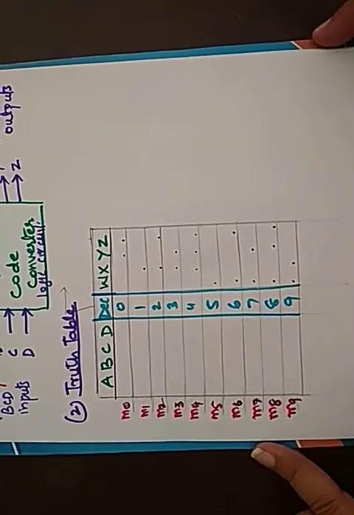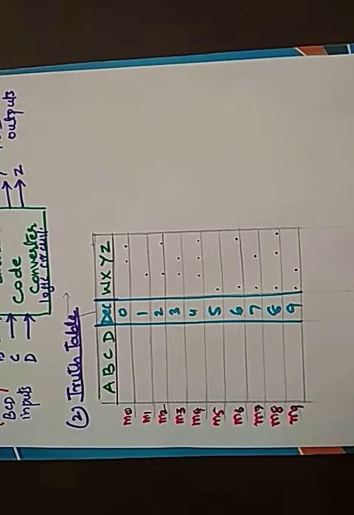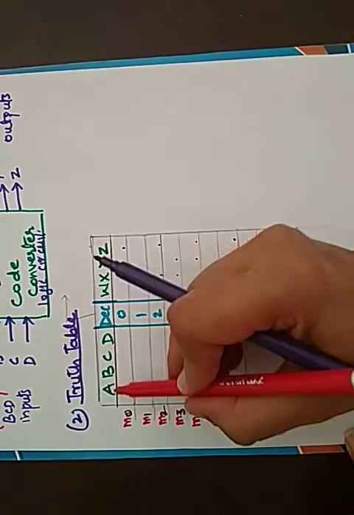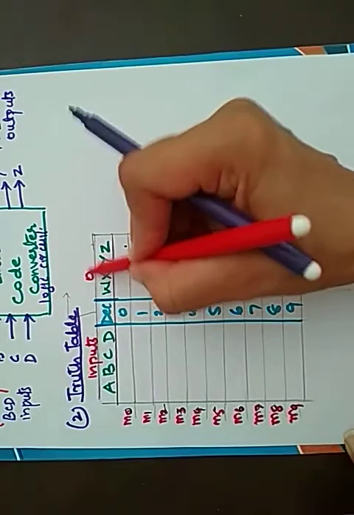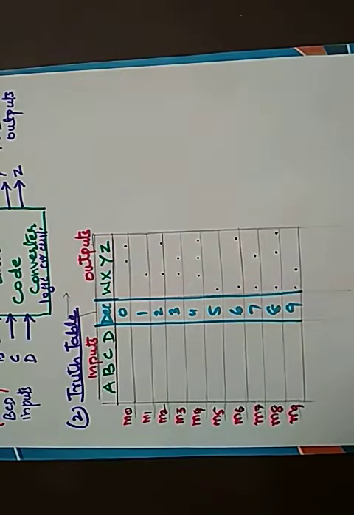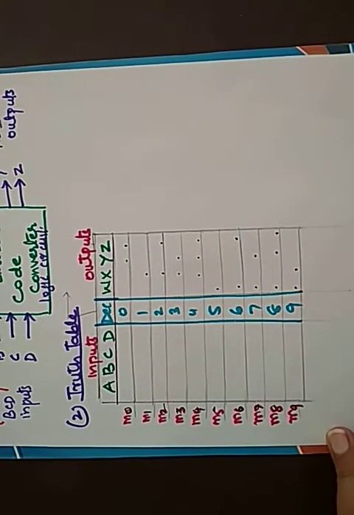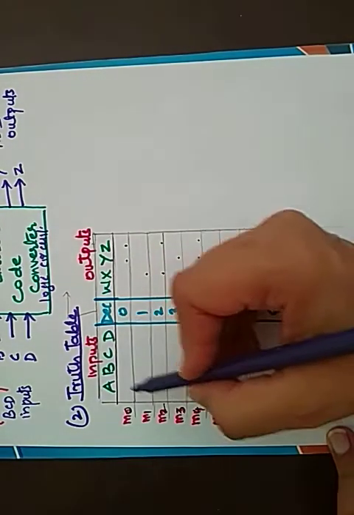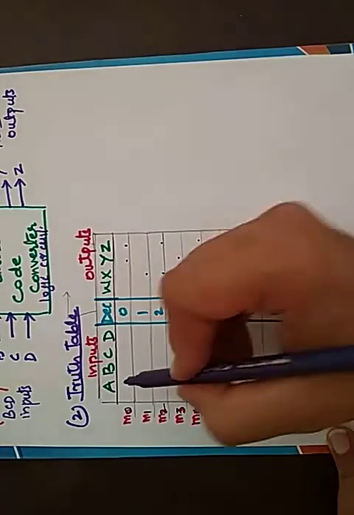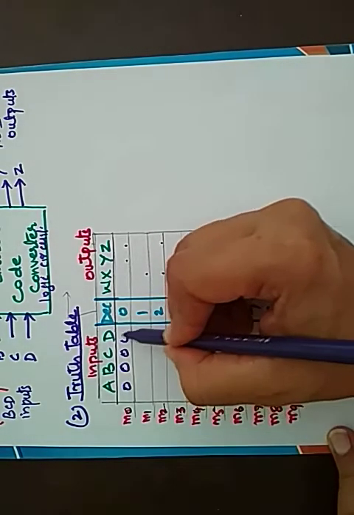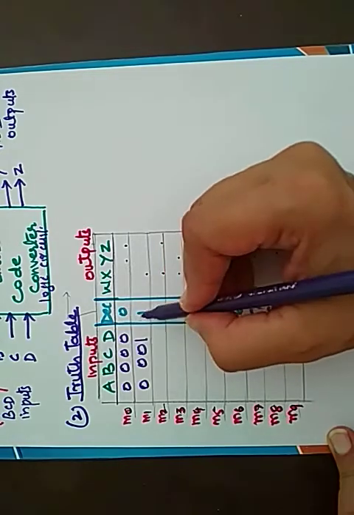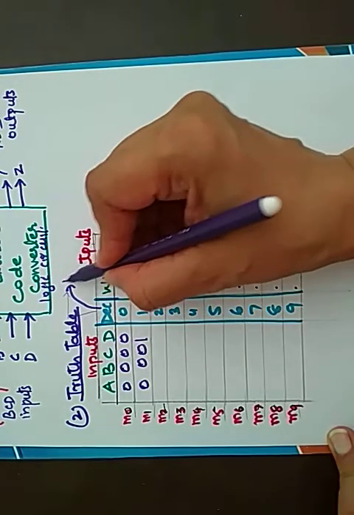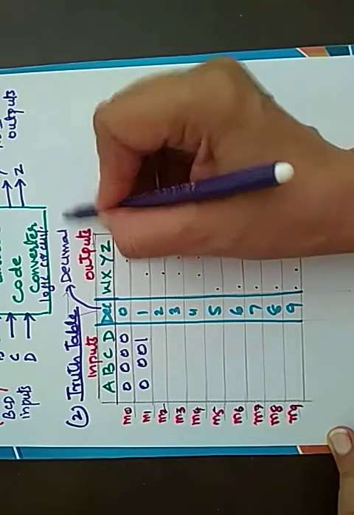Since this is a 4 input circuit, A, B, C, D are the 4 inputs and the outputs are W, X, Y, Z. Because we have 4 inputs, the entries combinations can be total 16, but the first 10 combinations are from 0, 0, 0, 0, 0, 0, 0, 1. This is decimal 0, decimal 1.